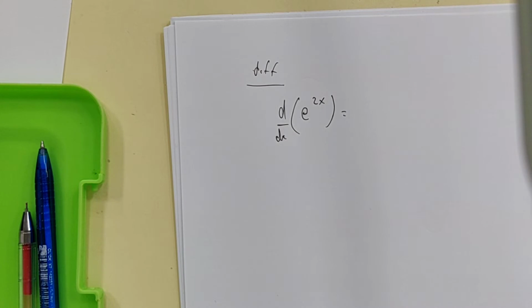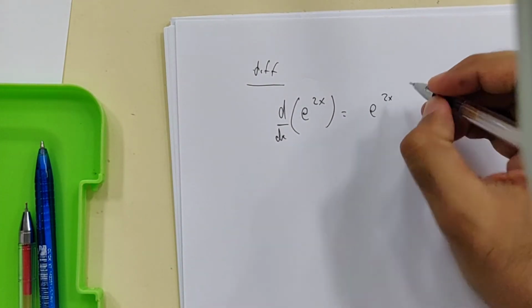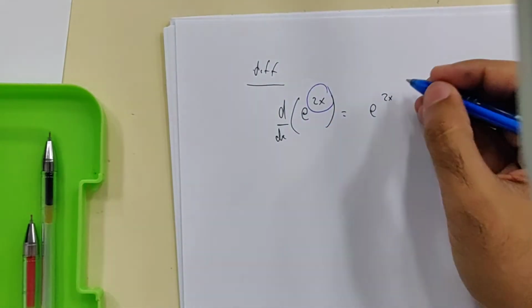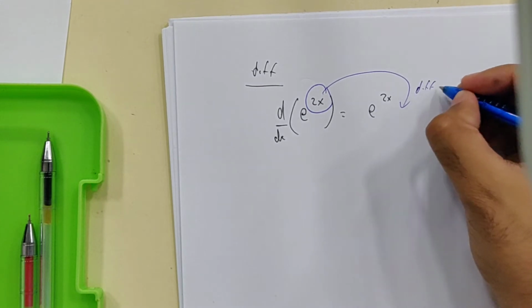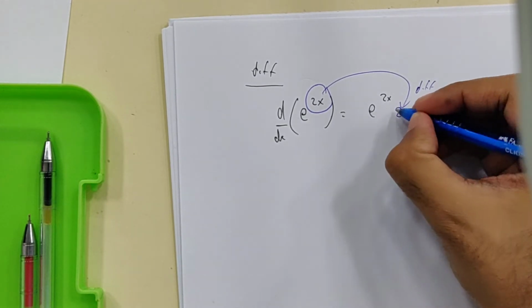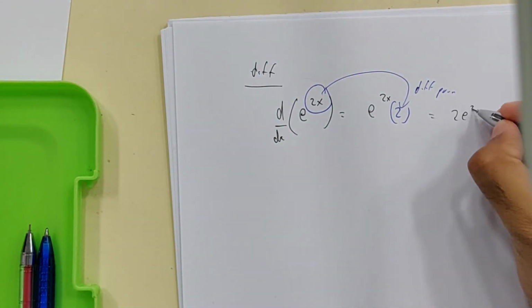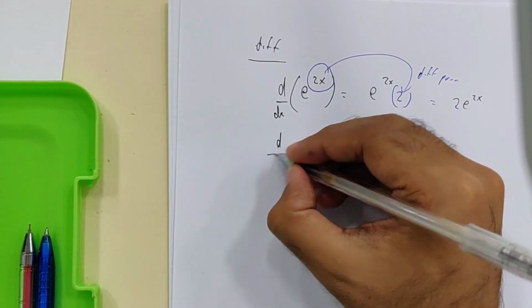Differentiate power e to x. No, first you salin and then you differentiate the power. Where do you put the power? Ke depan. Diff power 2. So 2e to x. Okay, cool. Very good.